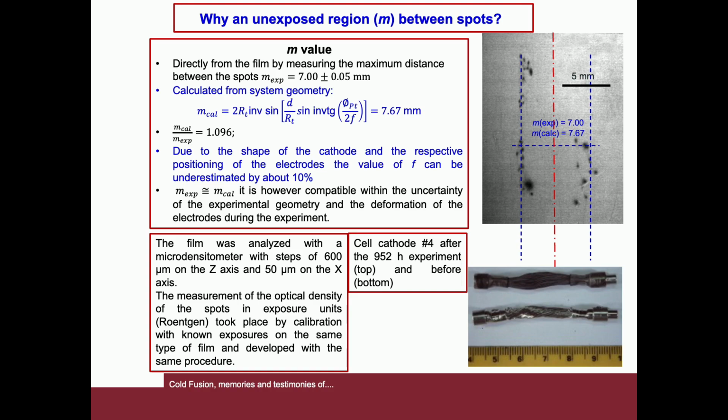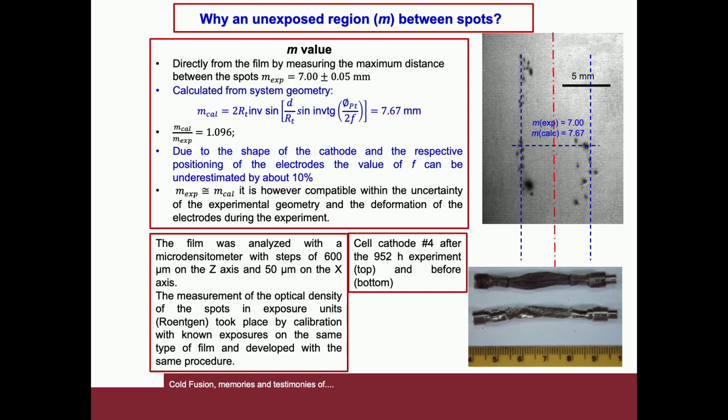So the ratio between the two values differs by about 9.6%. This difference is due to the shape of the cathode and the respective positioning of the electrodes, which modifies the value of the distance f between the anode and the cathode.